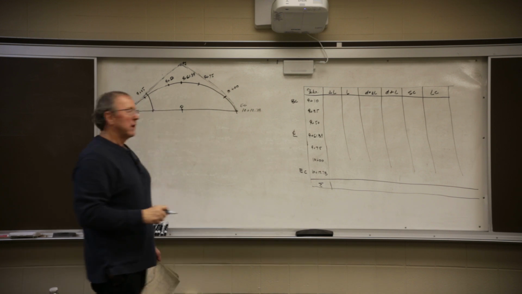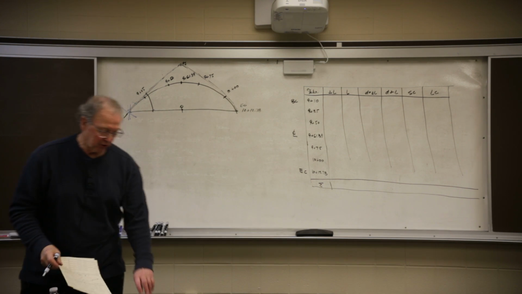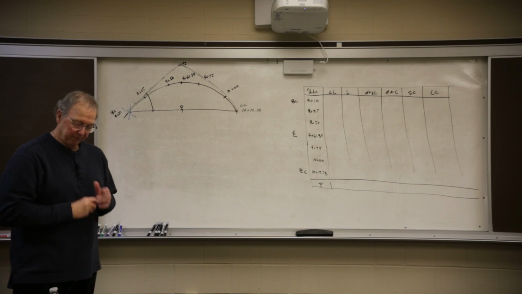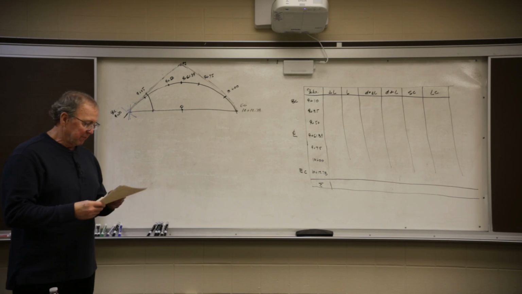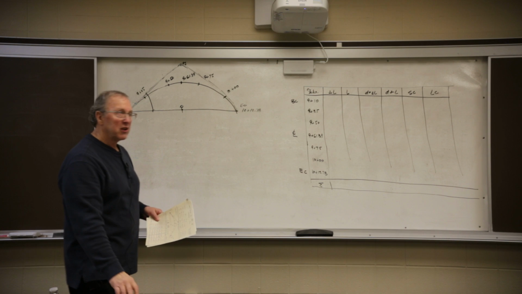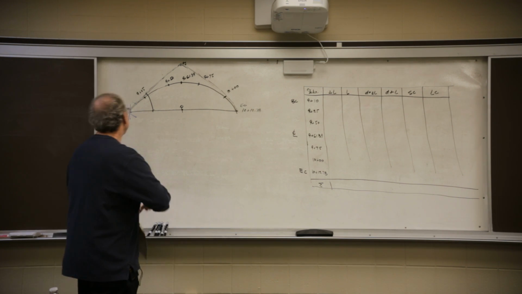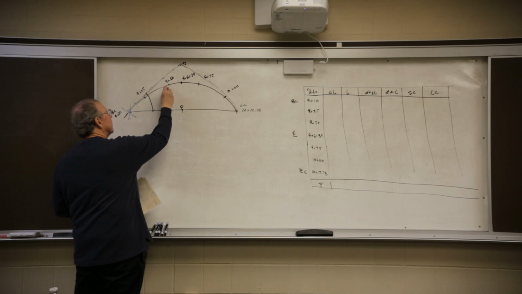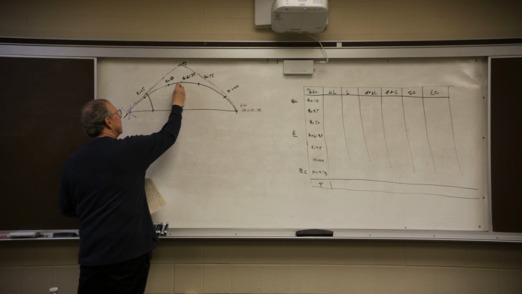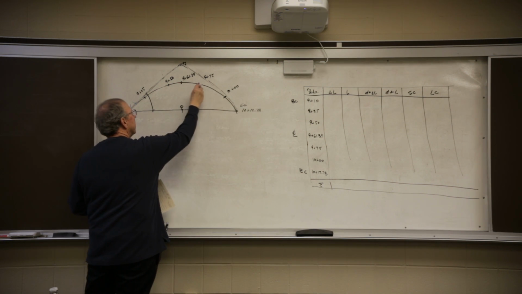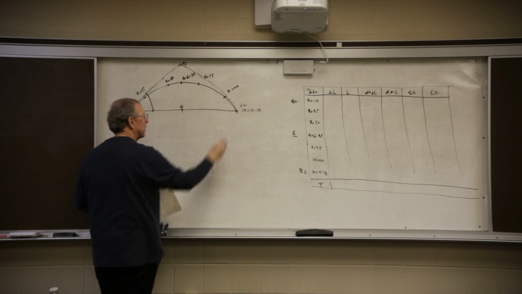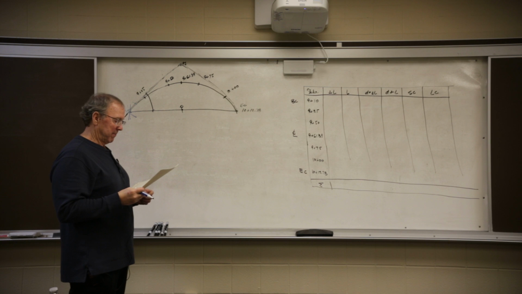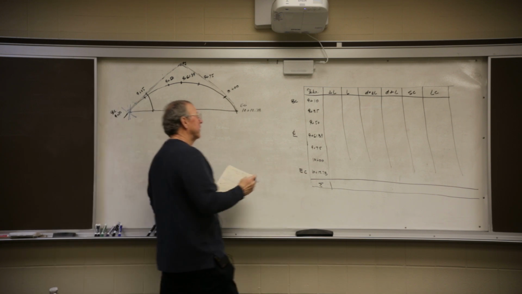Okay, now we're going to get into explaining some things to you, hopefully that makes sense. The delta L is the dimension between adjacent stakes. So the dimension from here to here is the first delta L. Here to here is the second. Here to here is third. Here to there is fourth, fifth, and sixth. So it's the increments between the stakes. First one is 15 feet.